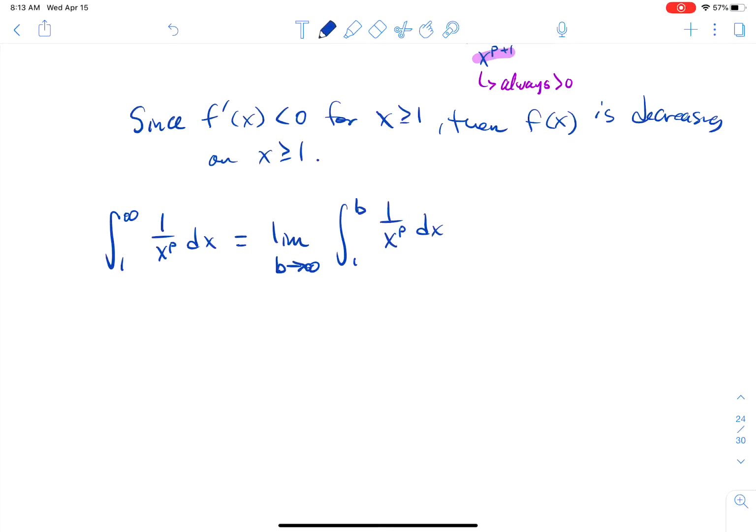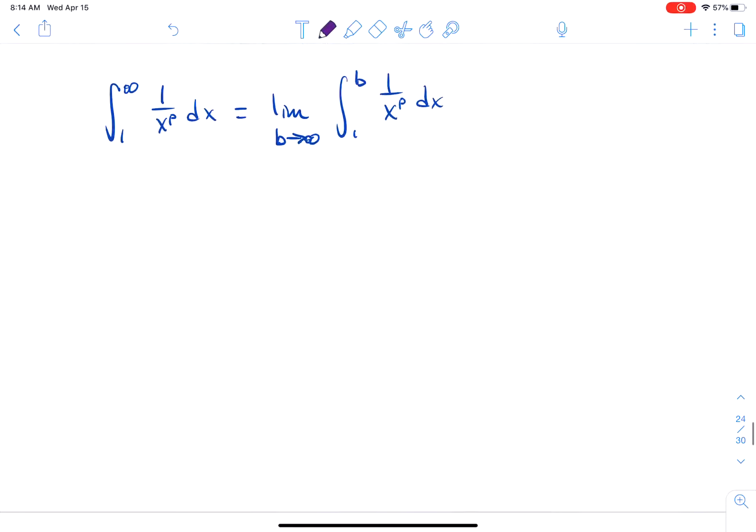Whenever we go to take the antiderivative of 1 over x to the p, I should be using the power rule unless p is equal to 1. If p is equal to 1, then this thing is just 1 over x, which is natural log. So I actually have to break this up into two cases, when p is equal to 1 and when p is not equal to 1.